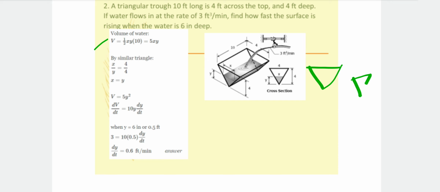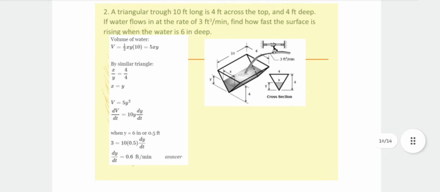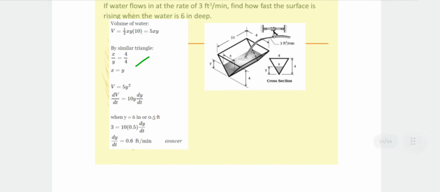So x of the smaller is equal to the bigger, whose length is 4, over y for the height, with the bigger triangle's height being 4. Simplifying, x is equal to y. The 4s cancel, and cross multiplying, x is equal to y.